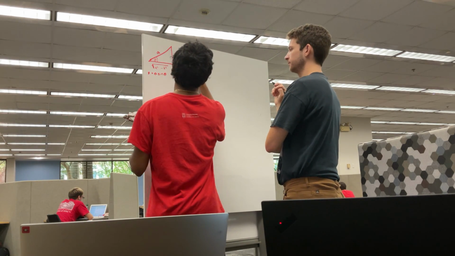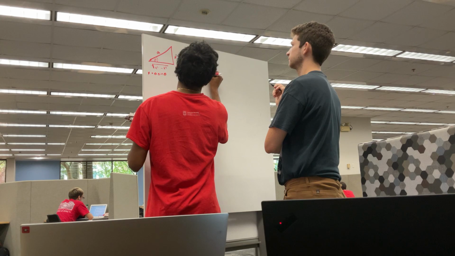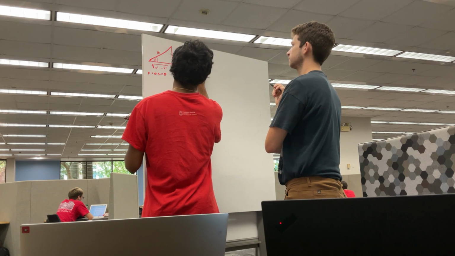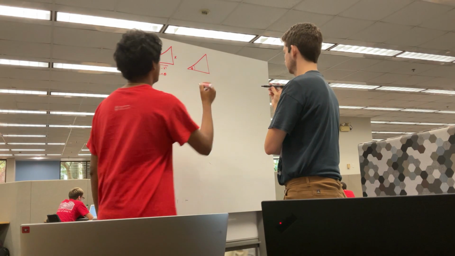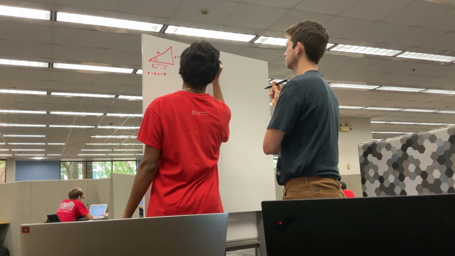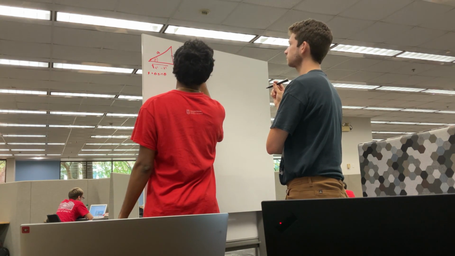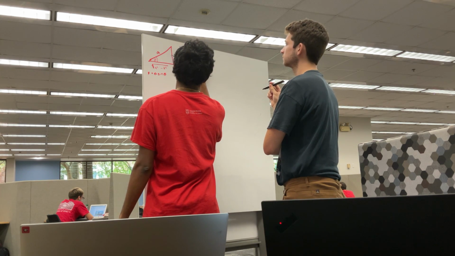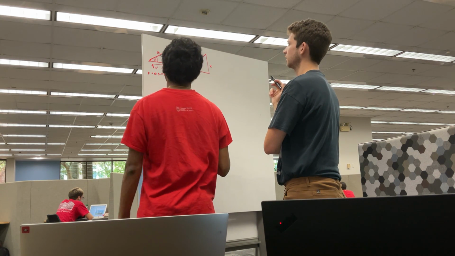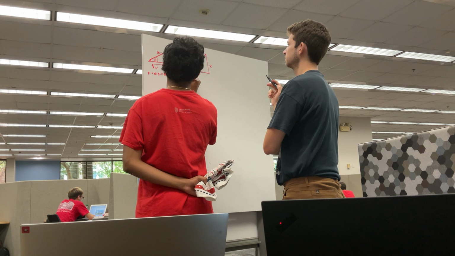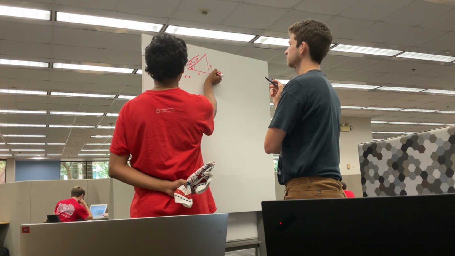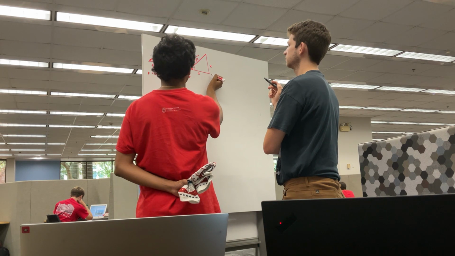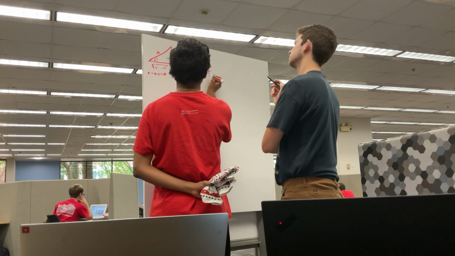Second triangle we have to know is we have our theta here. We have a here, x here, and the square root of a squared plus x squared. So here we have that x is equal to, let's see, it's going to be our opposite, so I think it's a sine.